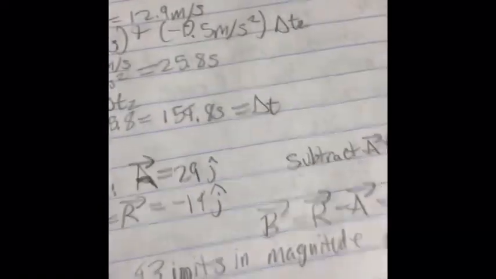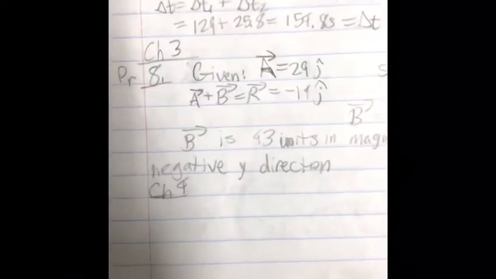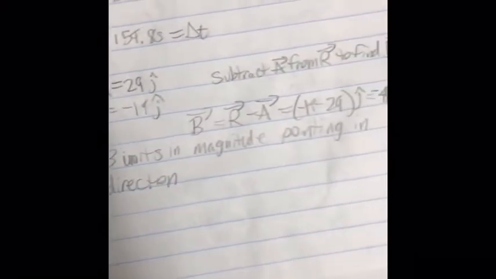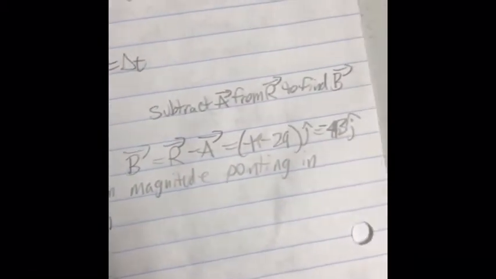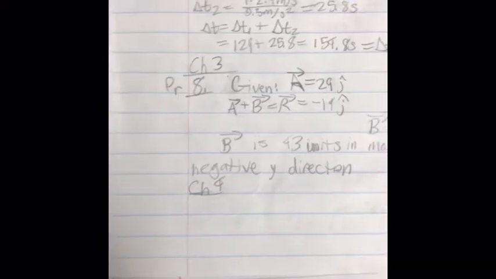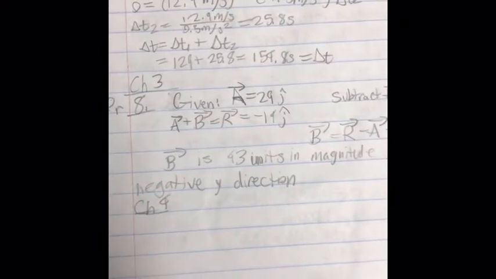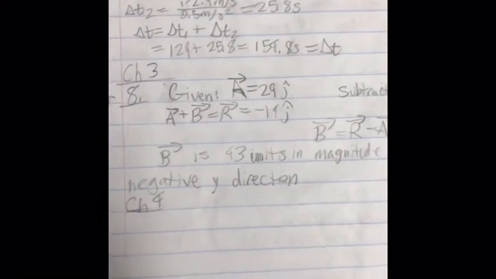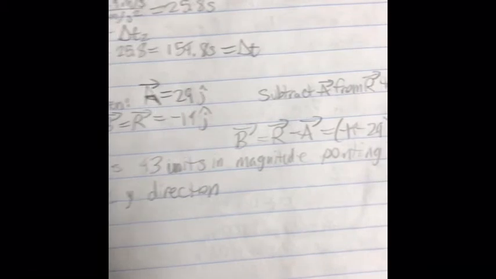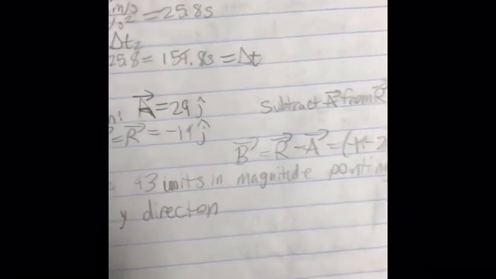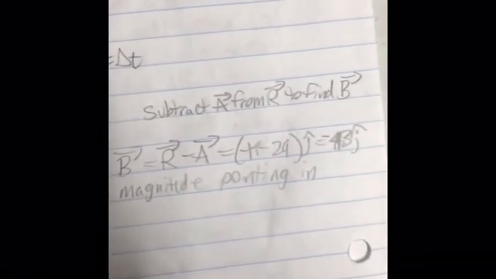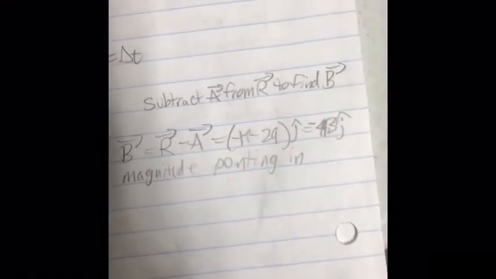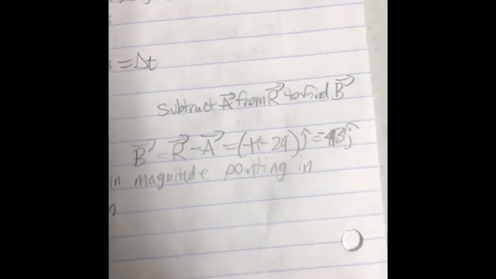So in this problem, we're given 29 units. I used A equals 29 j hat, and then I subtracted A from R to find B. I got R equals negative 14 j hat, and then B equals R minus A. That's finding B. And we already had the vector A equals 29 j hat.